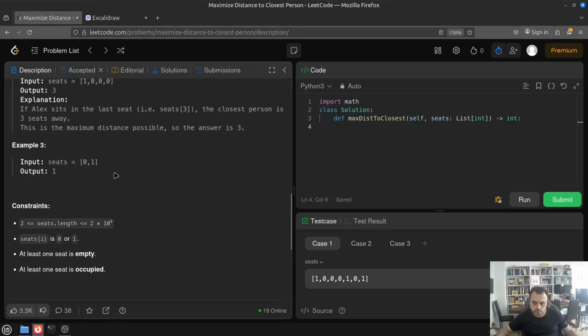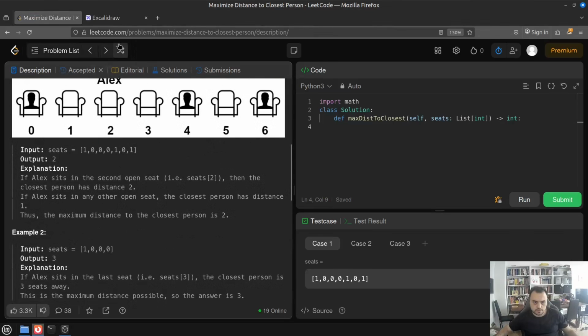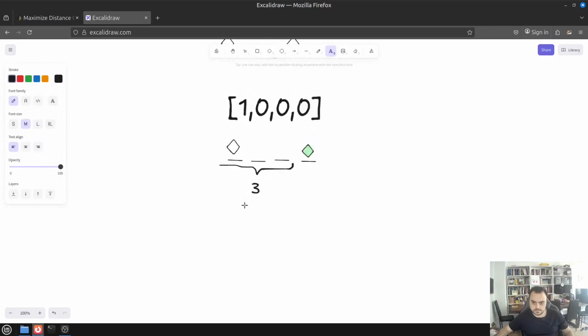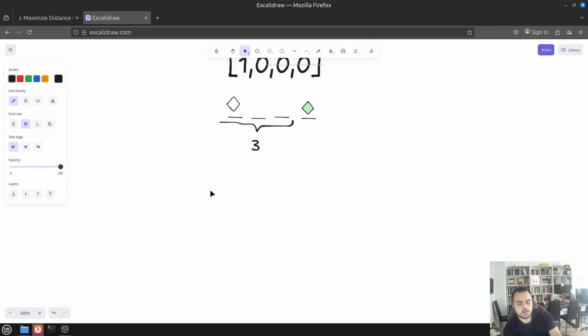Okay, so what do we have to do? We have to keep track of the current distance. So let's write down some goals. Start like this. Keep track of the current distance to last person.